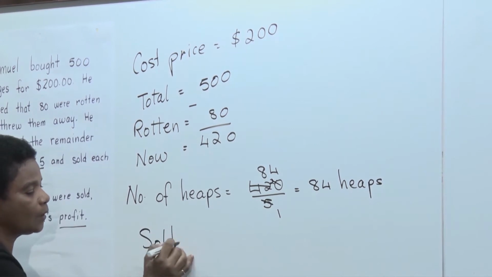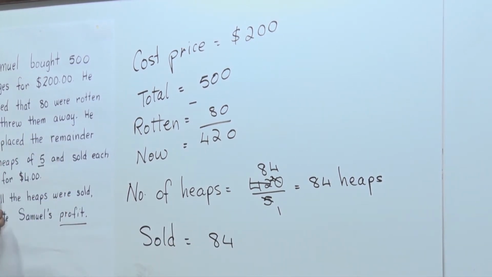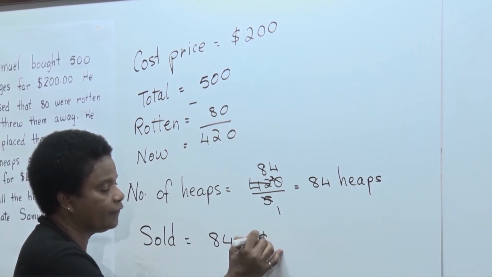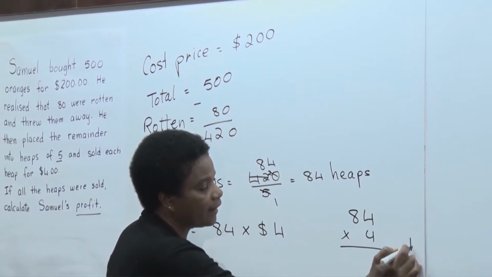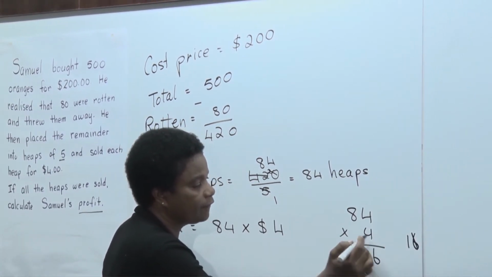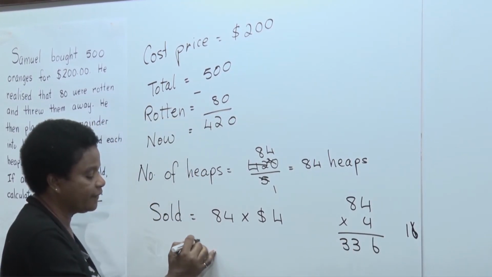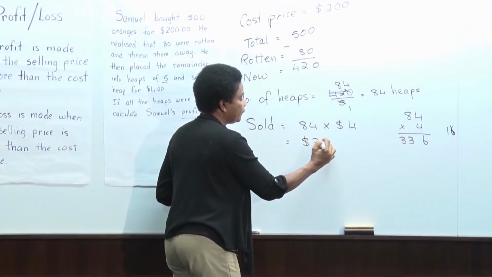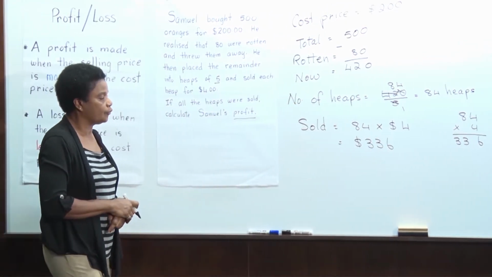He sold each heap for $4, so we now have to multiply 84 by $4. 4 4s are 16. 4 8s are 32, and 1, 33. So when Samuel sold the 84 heaps, he made $336.